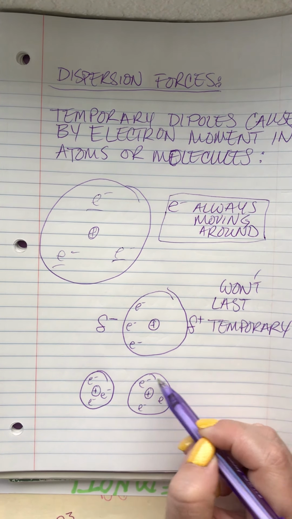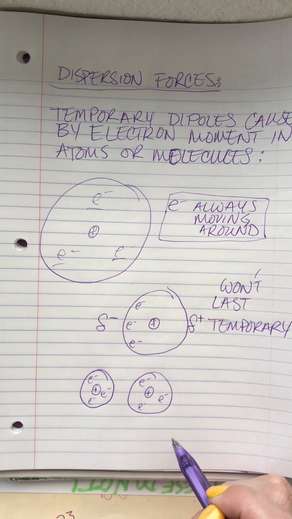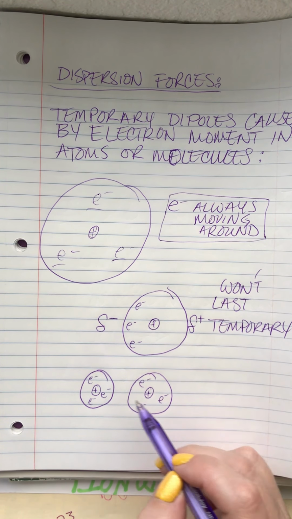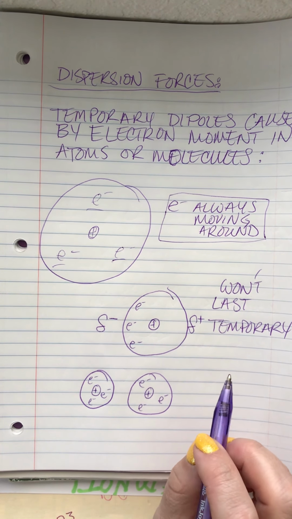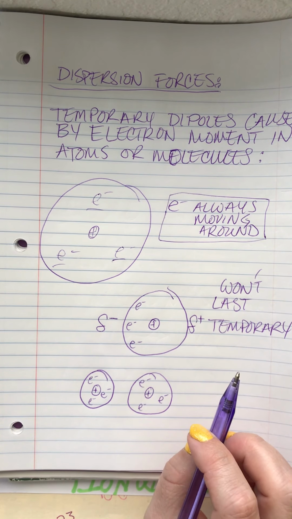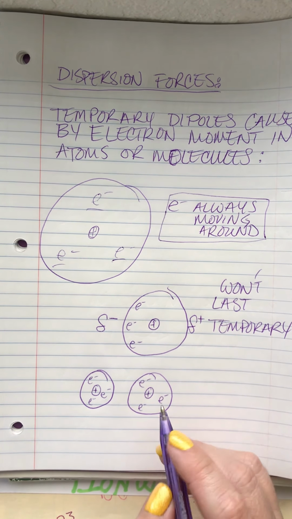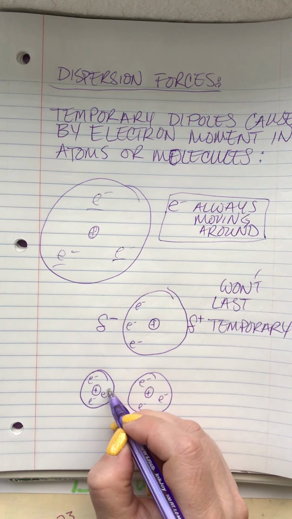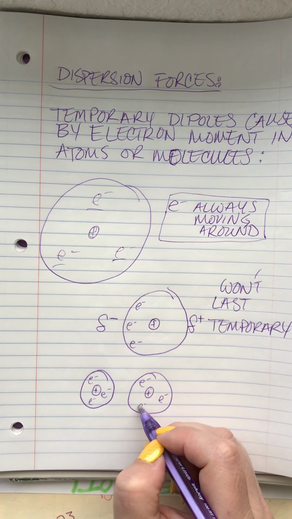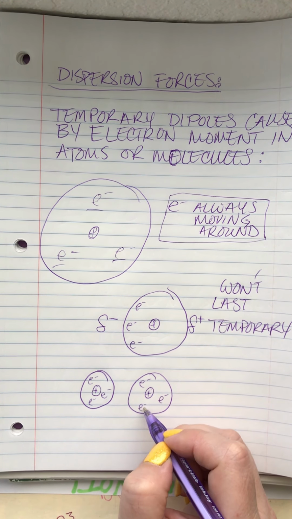So we've got electrons on this guy and electrons on this guy, right? How are they going to interact with each other as they come closer together? Yeah, exactly, right? So these electrons here are going to be repelled by these electrons here.